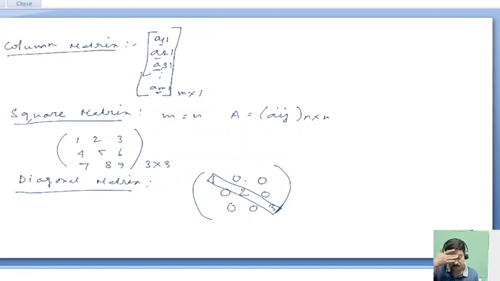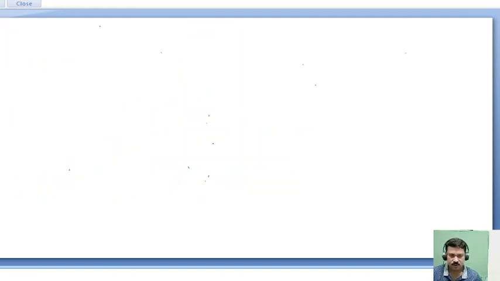Now we come to the next definition, that is scalar matrix. Now what is the scalar matrix?